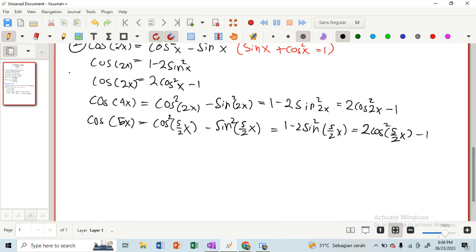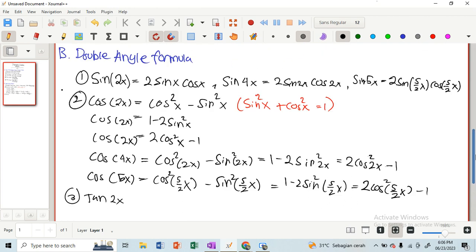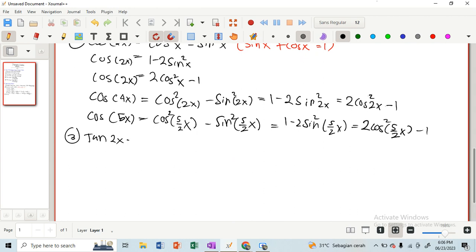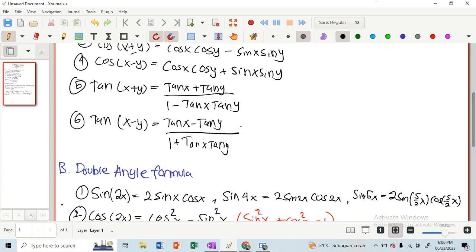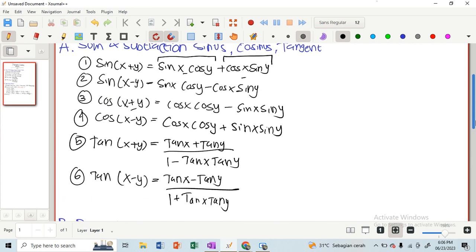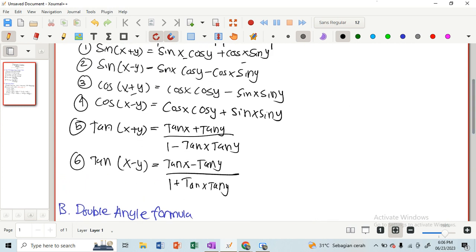Now for the tangent double angle formula, we could use the formula in the beginning that we had, which is tangent of x plus y is tangent x plus tangent y over 1 minus tangent x tangent y.